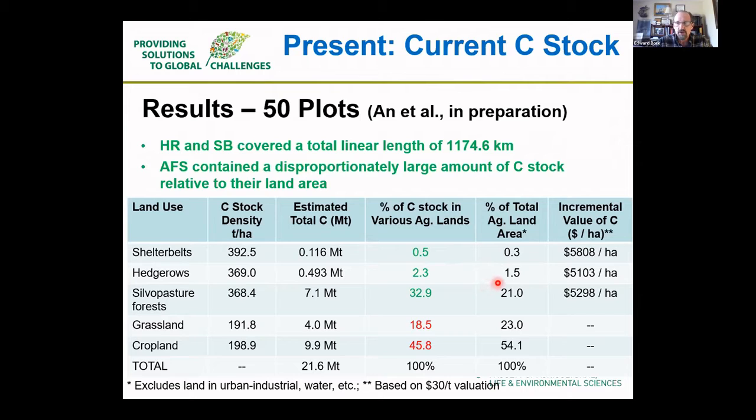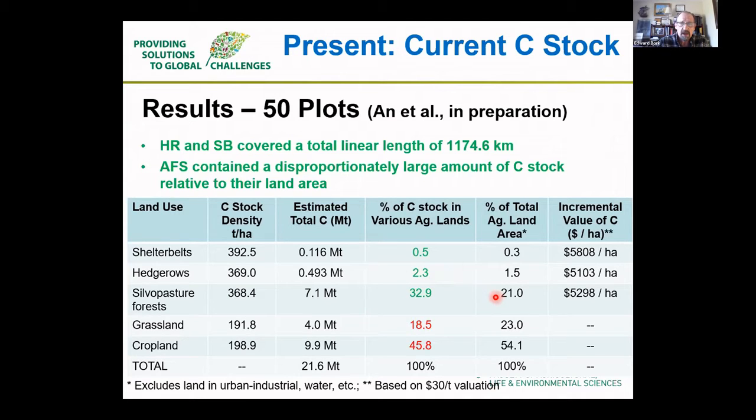Similarly, the hedgerows represented only 1.5% of the area, aggregate area, but they contained 2.3% of the total carbon stock. So what it means is that these agroforestry systems, especially the forests, are actually disproportionately storing a larger share of carbon across the entire landscape. That's the way to think about it.